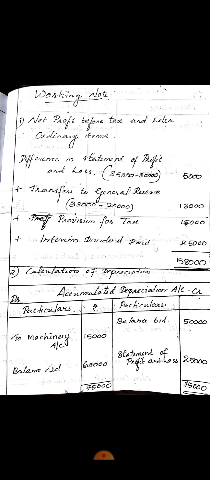Statement of profit and loss previous year's amount 30,000, current year 35,000. Difference 5,000 is the profit made during the year. Next, transfer to reserve. Previous year's general reserve 20,000, current year 33,000. So, amount transferred to general reserve is rupees 13,000.